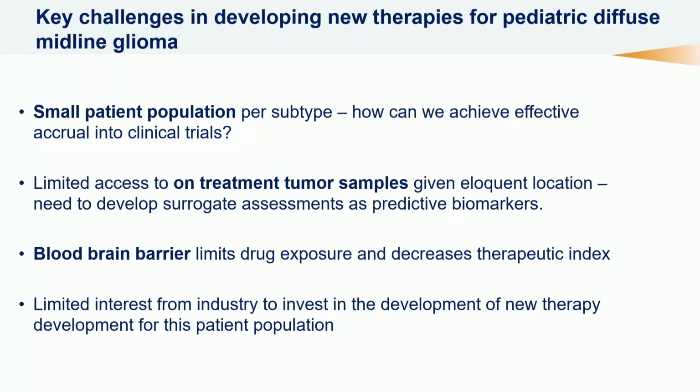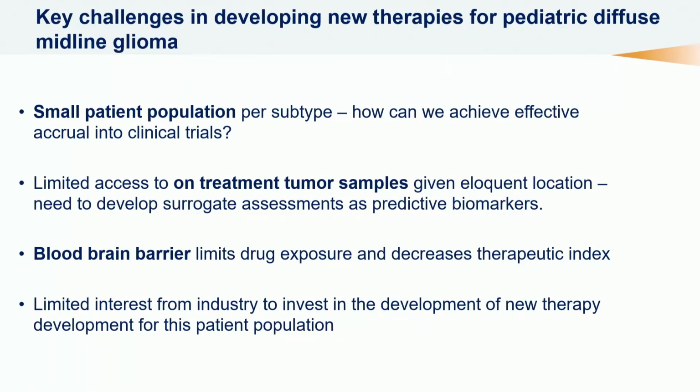And one of the key challenges, that I will address also in the subsequent part of my talk, is the blood-brain barrier, which limits drug exposure significantly and decreases the therapeutic index. Many of the agents we can test in clinical trials for our children and young adults with diffuse midline gliomas are actually designed by pharmaceutical companies specifically not to cross the blood-brain barrier to avoid cognitive side effects.